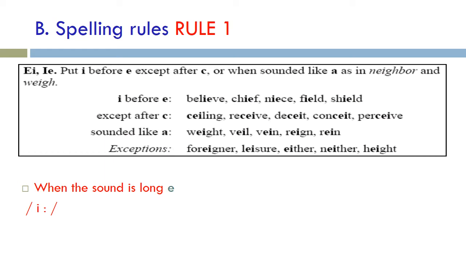Let's discuss now some rules which control spelling in the English language. Rule 1 is about the order between letters E and I in words which contain the sound long E. When the sound is long E, here we have to write the I before the E. You have examples: believe, chief, niece, field, chilled.